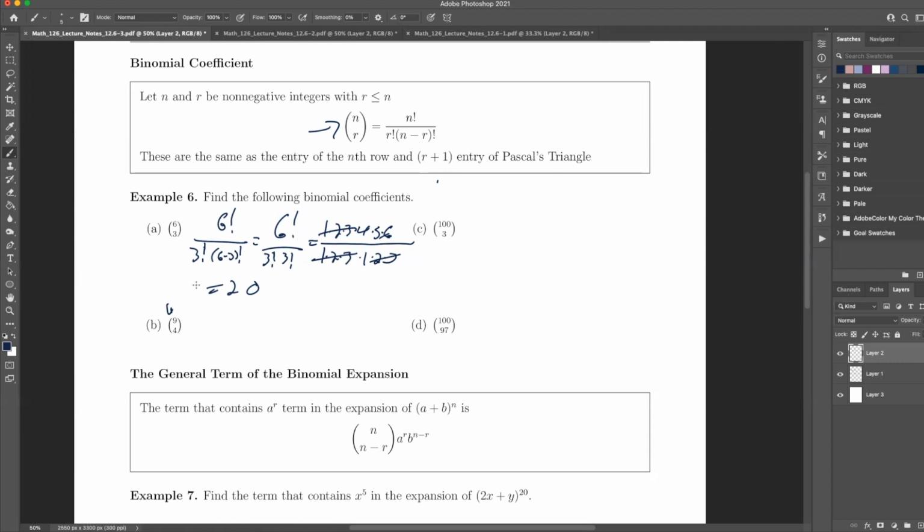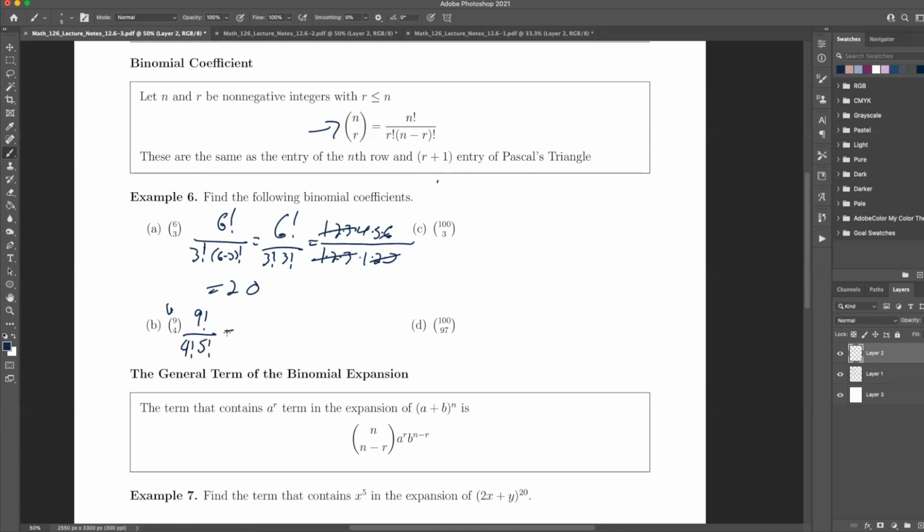In that case, we'll just compute 9 factorial over 4 factorial times 9 minus 4, which is 5 factorial. Notice that these two numbers add up to this number.